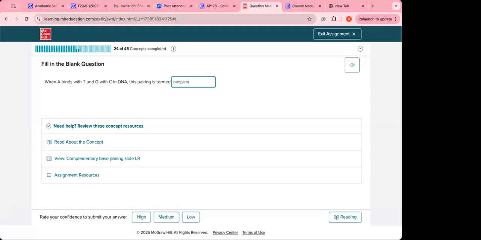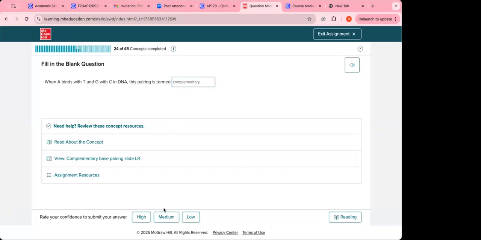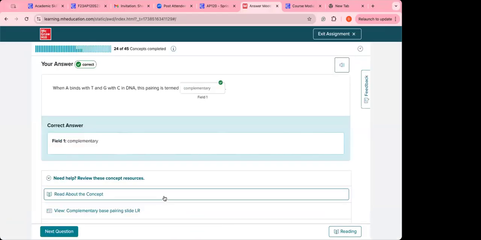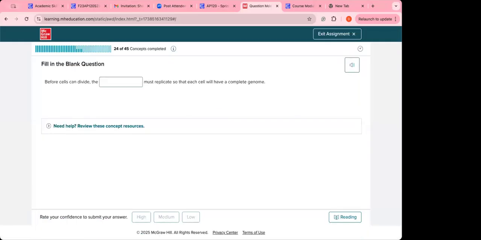Okay. Before cells can divide, the blank must replicate so that each cell will have a complete genome.